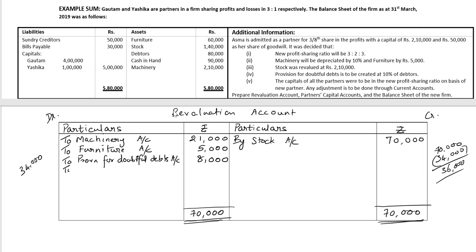So to gain on revaluation, transferred to partners' capital accounts. We have Gautam and Yashika.